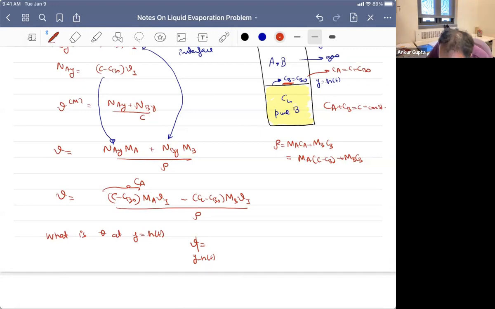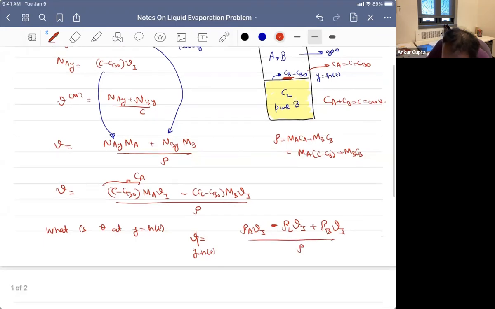So CA MA is rho A, times VI, minus CL times MB, which is rho L, so minus rho L VI, plus CB naught MB, the concentration at y equal to h of t, which is rho B, times VI, all by rho.